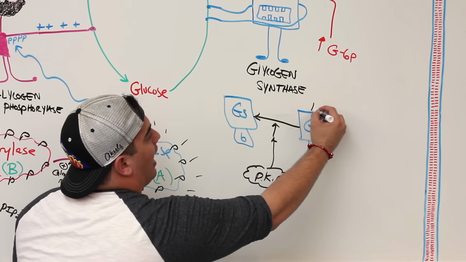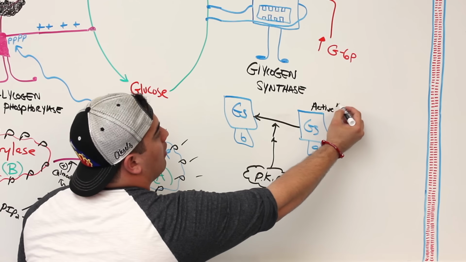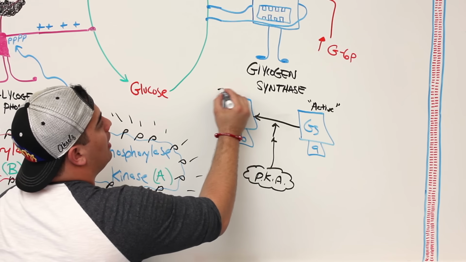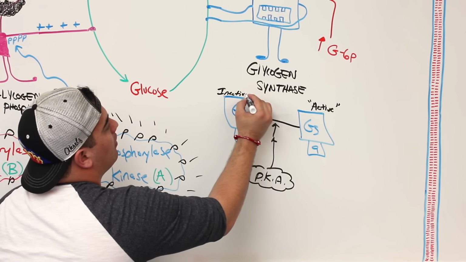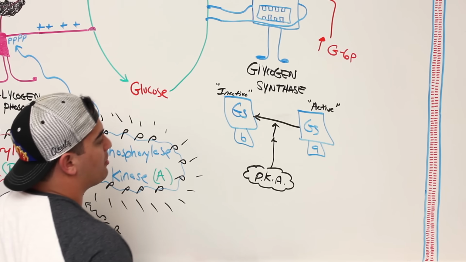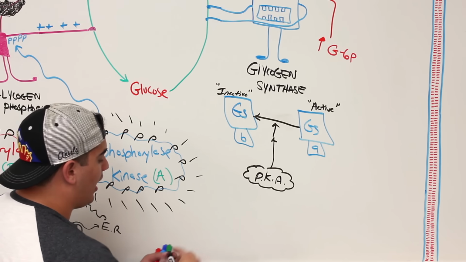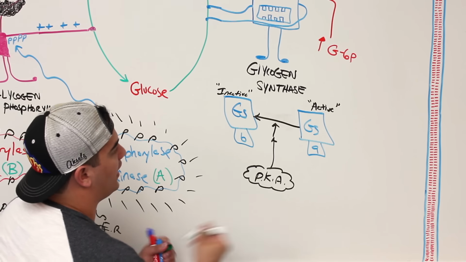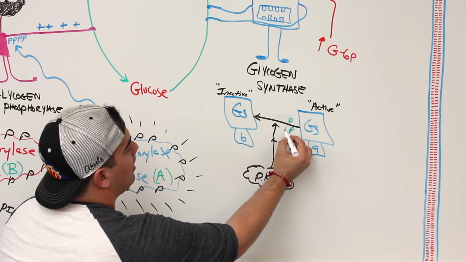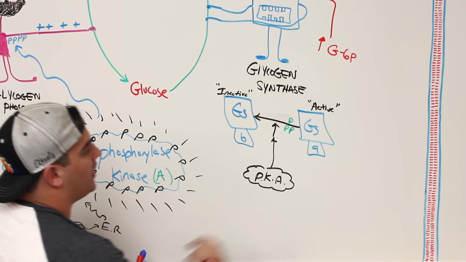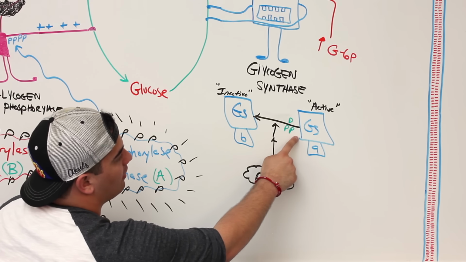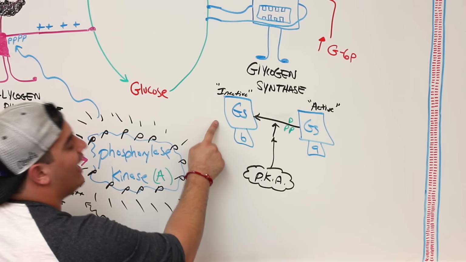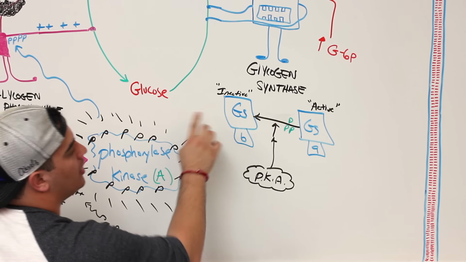So this is the active form, and this is the inactive form. So again, what is protein kinase A doing? Protein kinase A is adding phosphates onto glycogen synthase. When it adds the phosphates onto glycogen synthase, which is in the active form, it'll then be converted into the inactive form. So that should make sense.